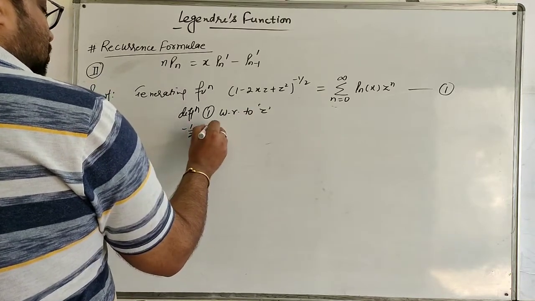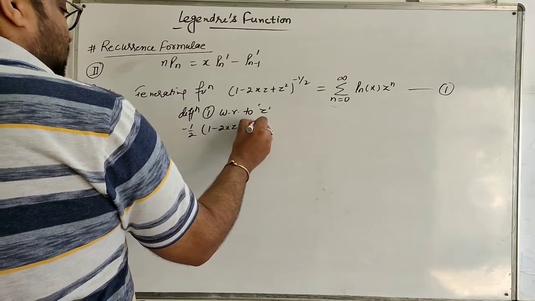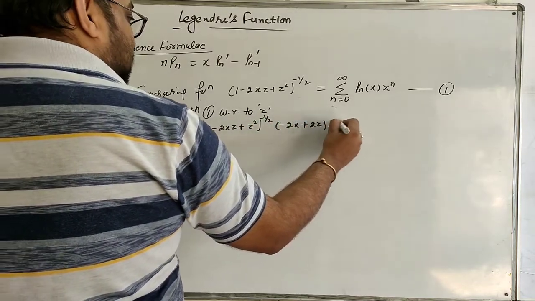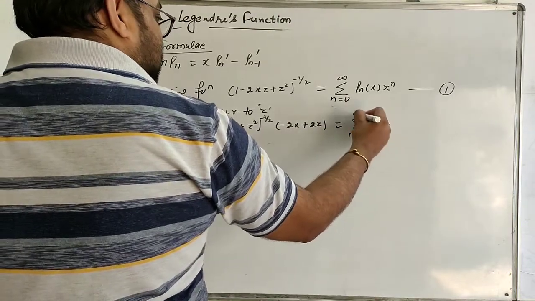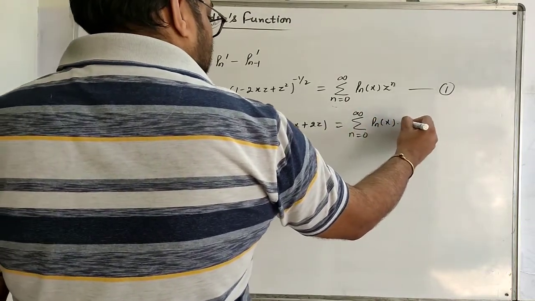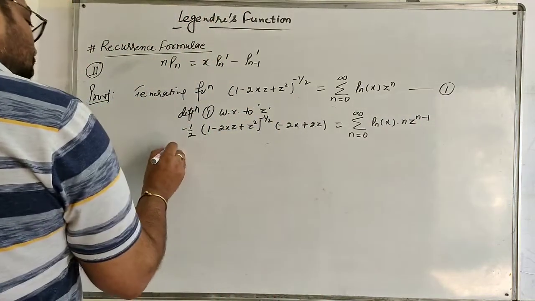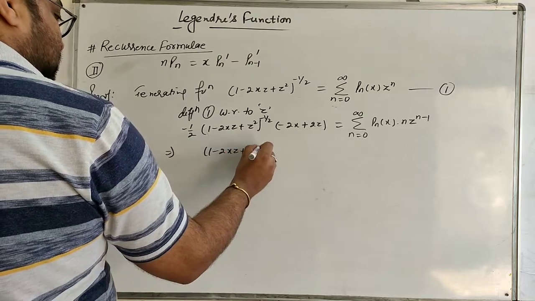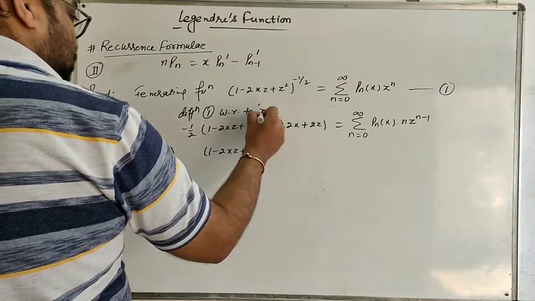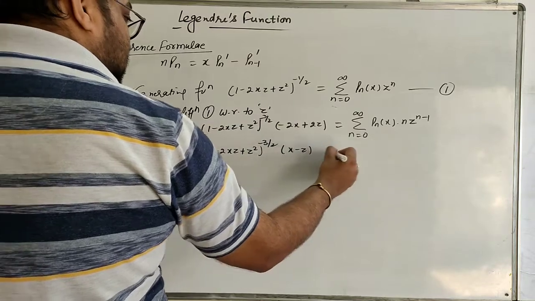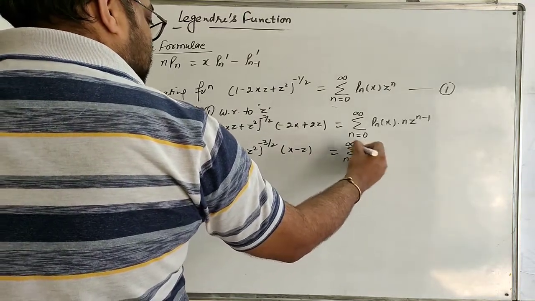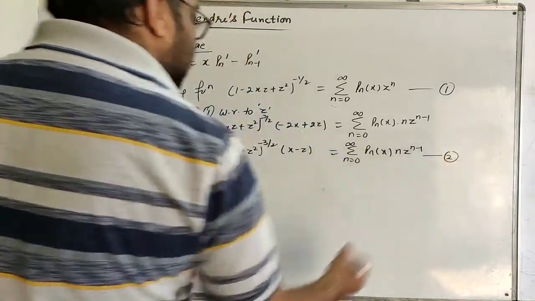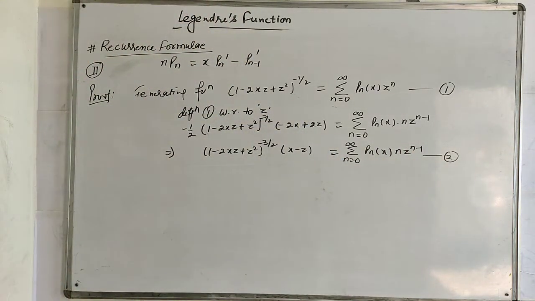So -1/2 (1 - 2xz + z²)^(-1/2) into (-2x + 2z) is equal to Σ P_n(x) n z^(n-1), or we can write it as (1 - 2xz + z²)^(-3/2) into (x - z) equals Σ P_n(x) n z^(n-1). Let it be equation number 2.